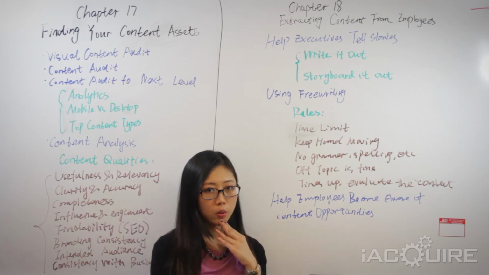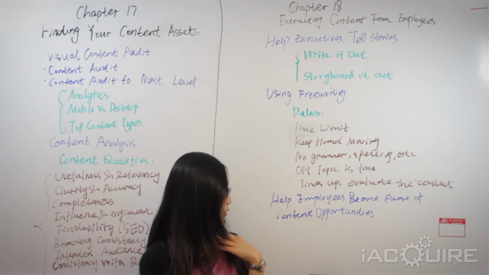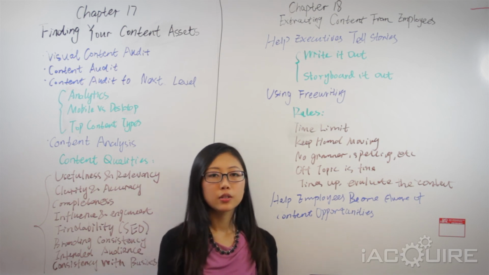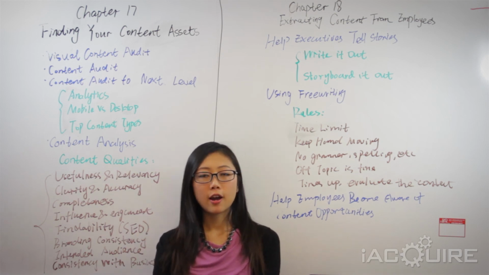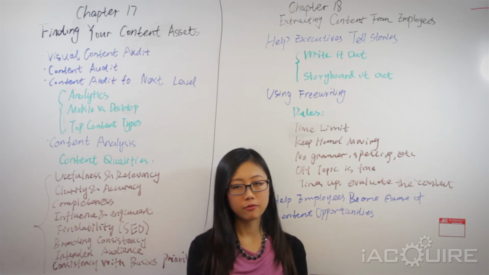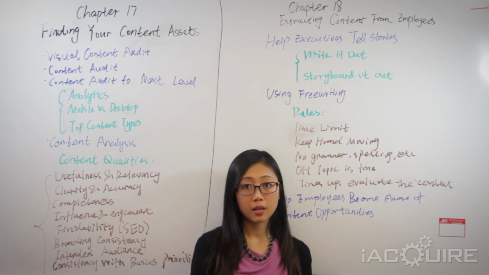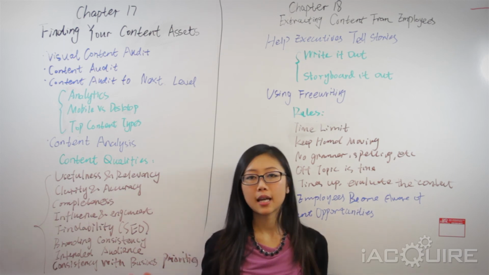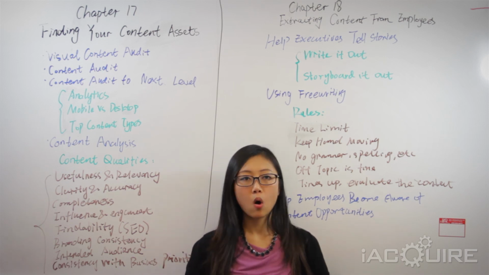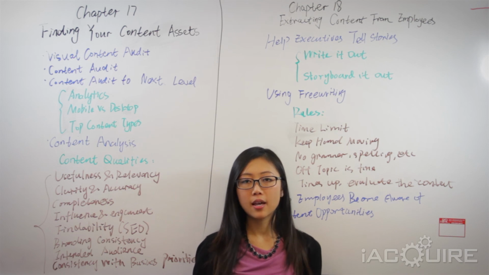We should also help employees become aware of content opportunities. What does that mean? For example, customer service representatives or sales representatives sometimes get emails from customers complaining about some products or asking questions about the service.